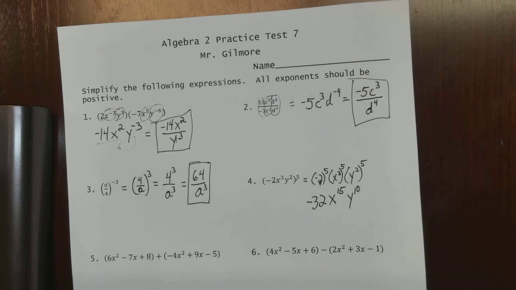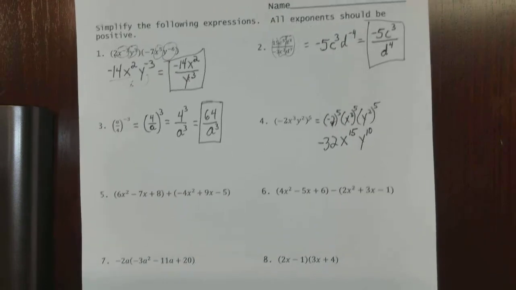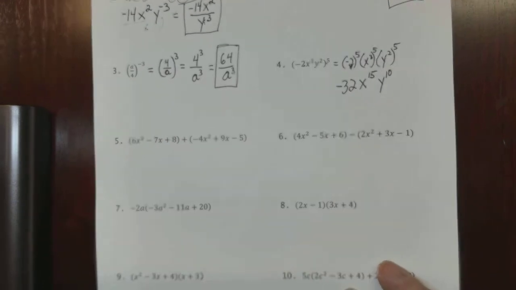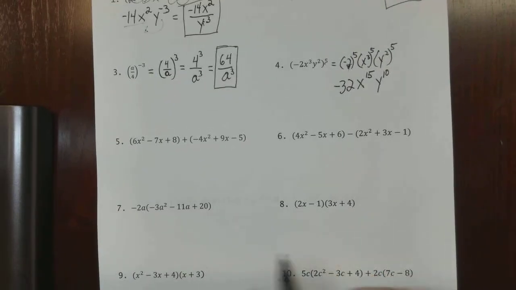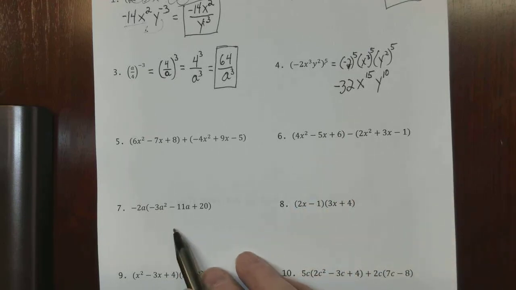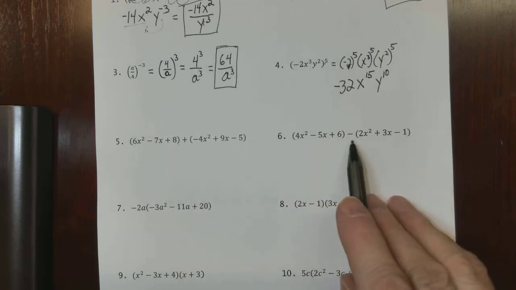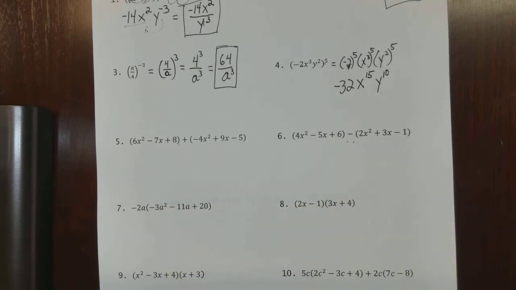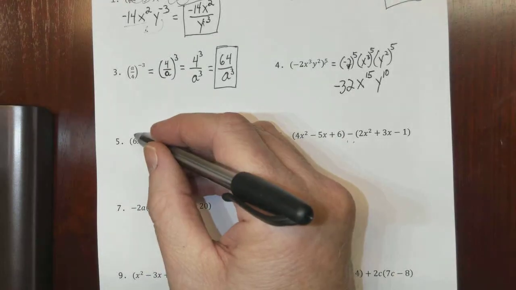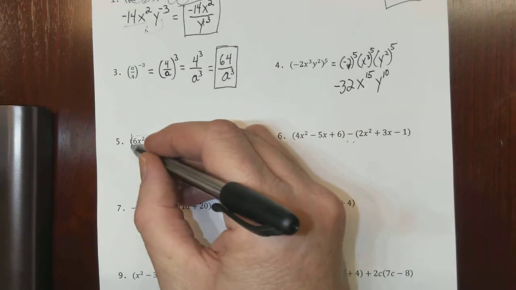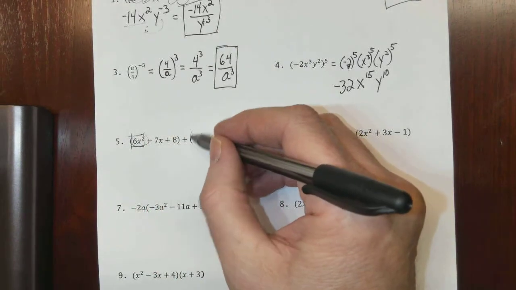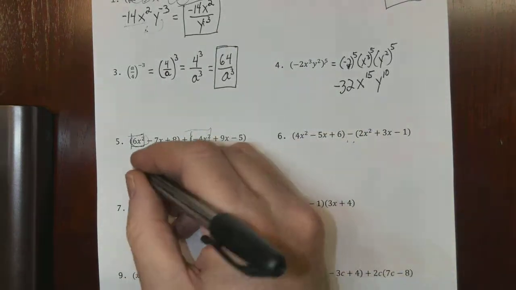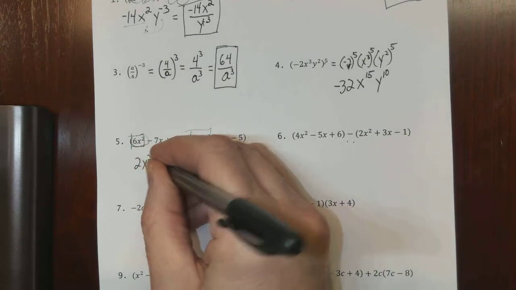Alright, so that's that. Now on 5, 6, that's addition and that's subtraction. When you get to these problems, you are combining like terms. So the 6x squared, let me put a box around the 6x squared, and the negative 4x squared make 2x squared.